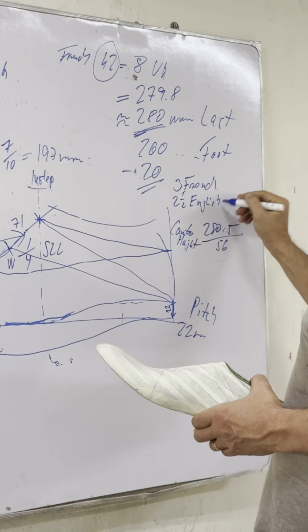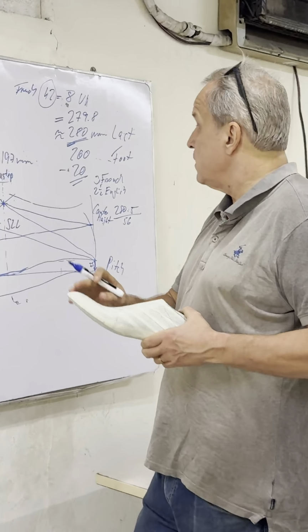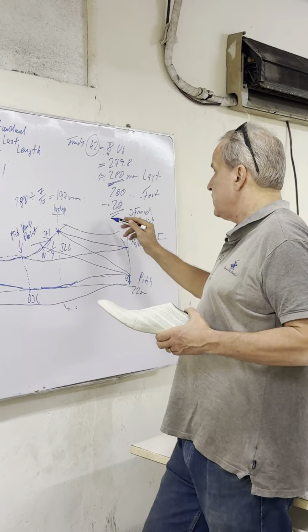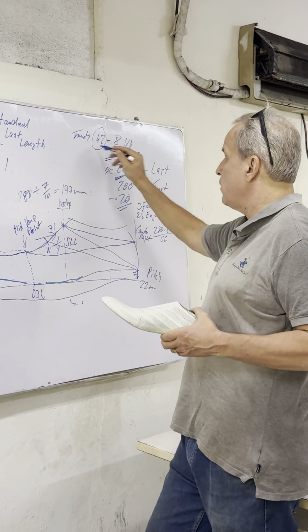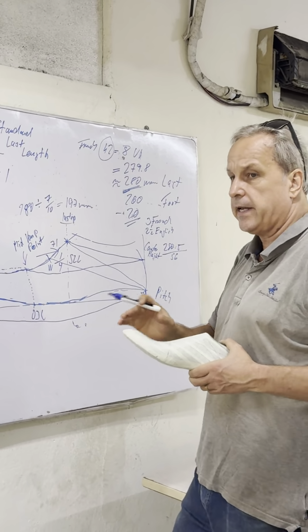That is the general rule. In this particular last, this distance will be excess. So I can tell that's why we are talking about standard. Standard doesn't mean that it has to be like that.